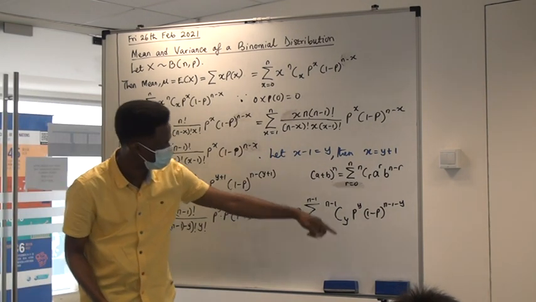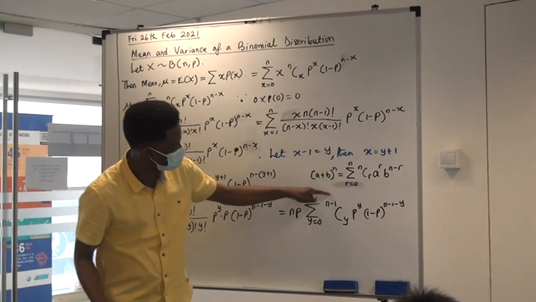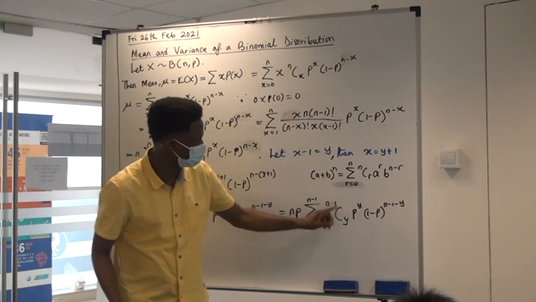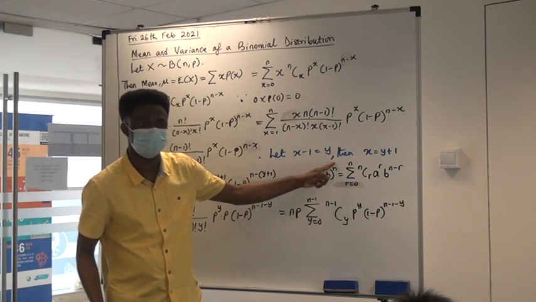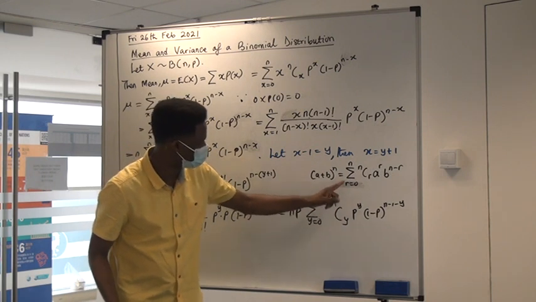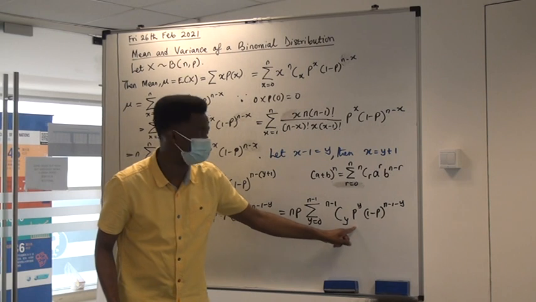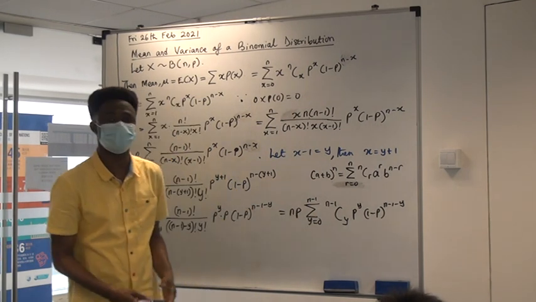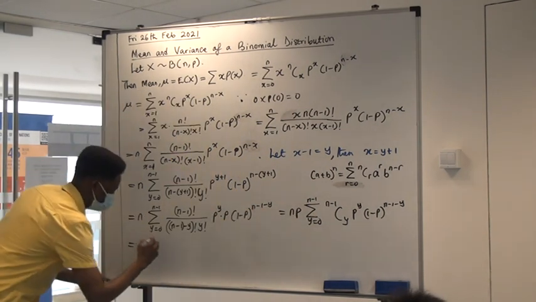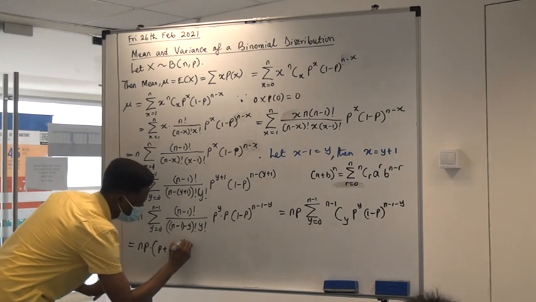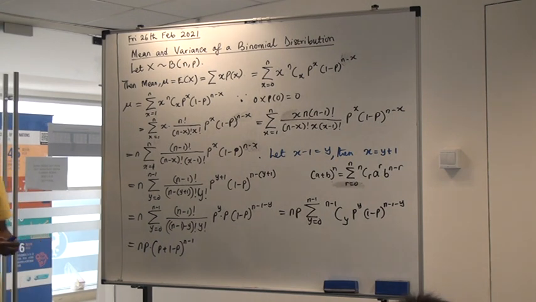So do you compare? So your n is now n minus 1, your r is y. Okay? Of course, y is not here. So it's going to be the addition of which two? These two. Everything raised to power what? N minus 1. So it's more or less addition of p and 1 minus p, everything raised to power n minus 1.